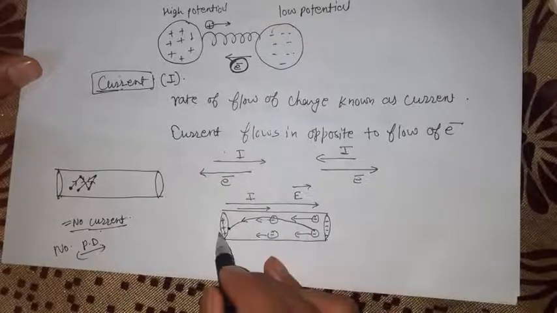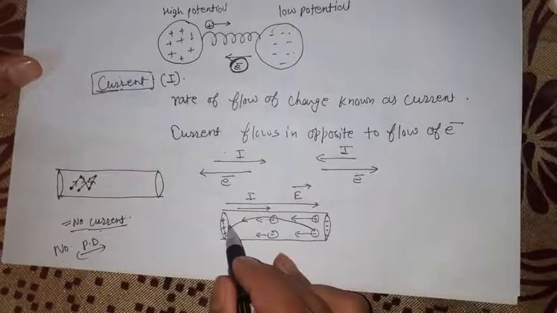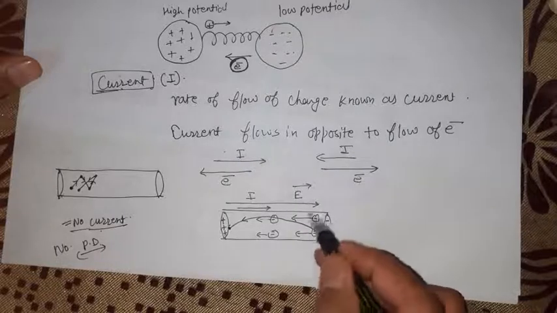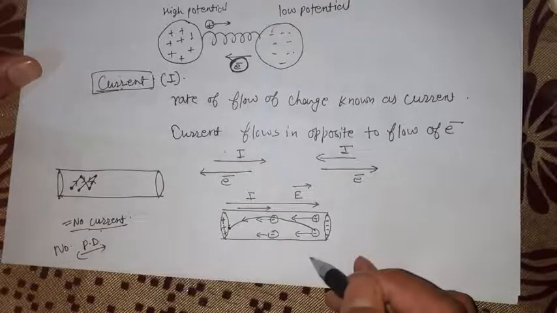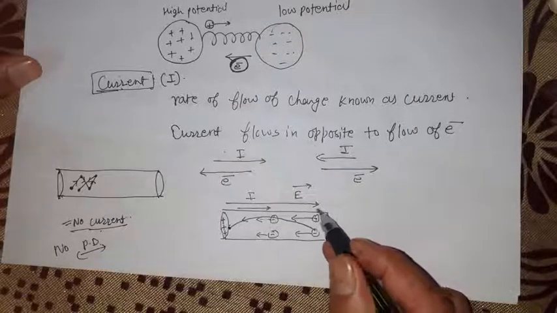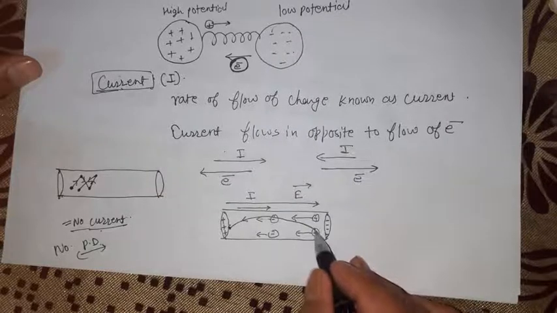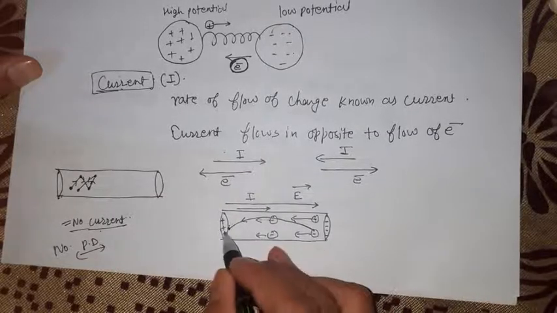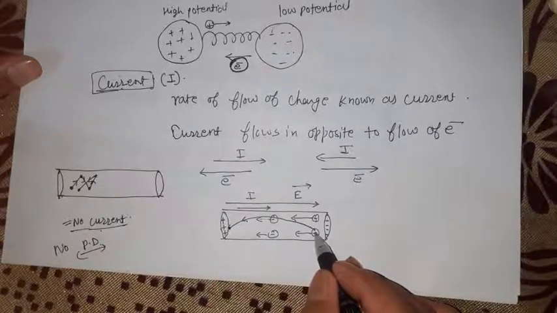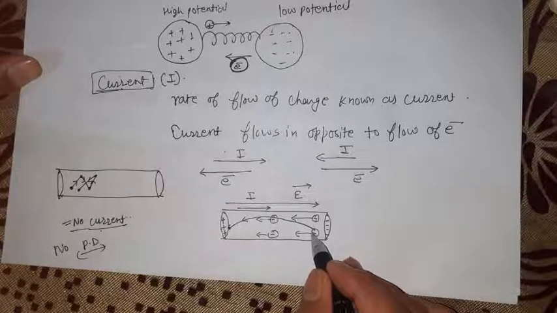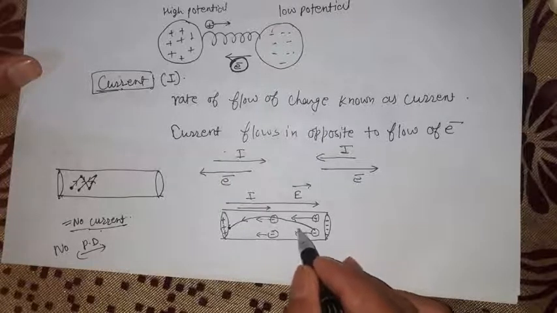If it did, all would come to this end, and an empty space would be created over there. So we mean to say that electrons do not travel from one end to the other end. Actually it remains over here, and it collides with the other electron.